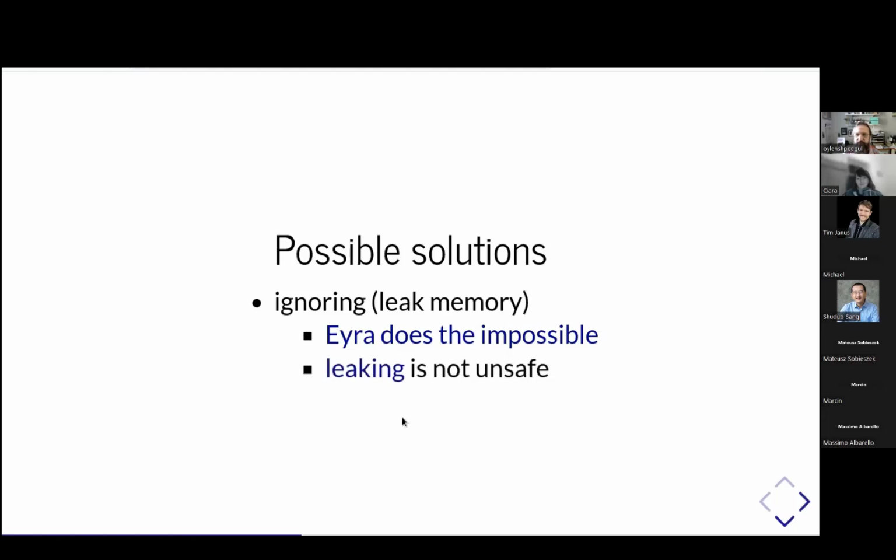And their basic observation is that leaking is not unsafe. And this reminds me of in Rust, panic is not unsafe. People talk about panicking like it's evil to have unwraps in your program or whatever, and it's kind of not. Panic is not an unsafe operation. Well, leaking isn't either.